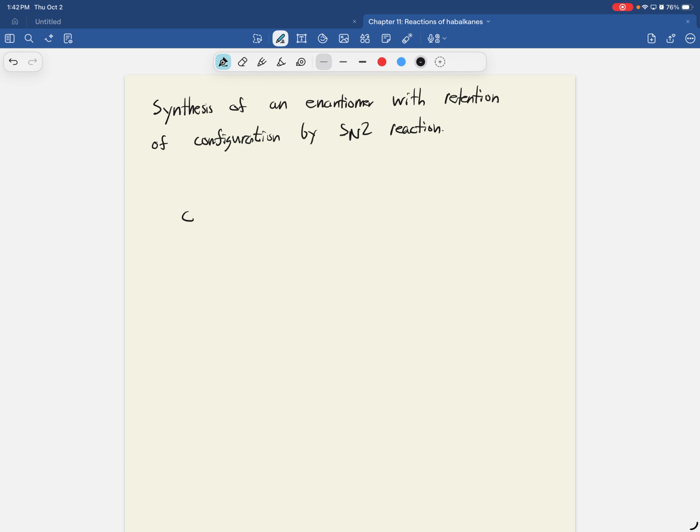All right, so let's say we have this structure here. This is a methyl group, alpha group, and we have a bromide. All right. So say we want to make something like this.